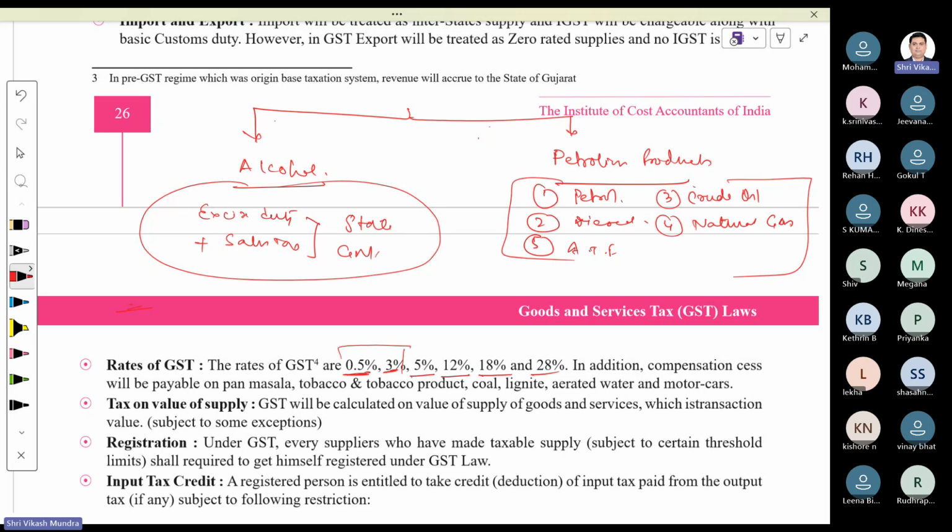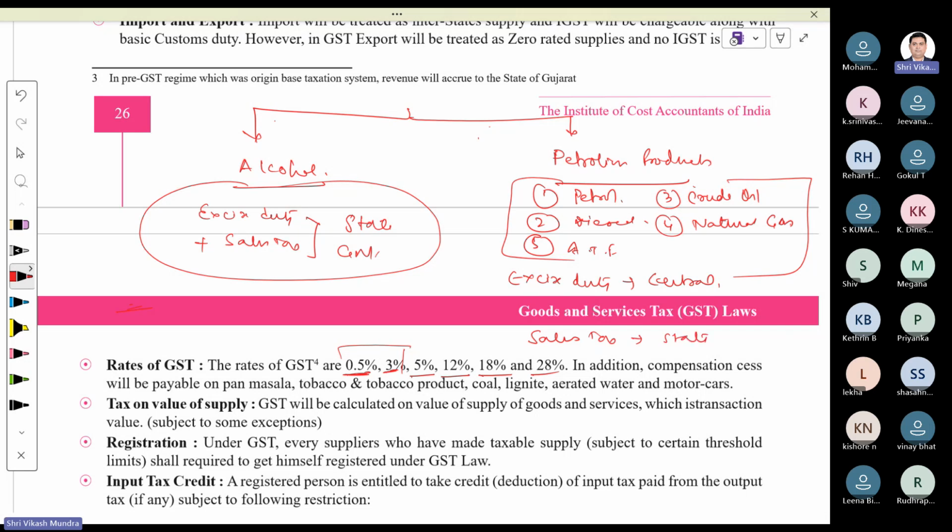What is the existing system? Excise duty is levied by the central government, and sales tax is levied by the state. This mechanism is still there.